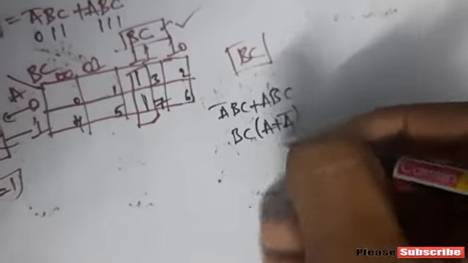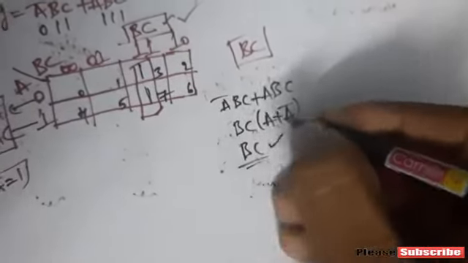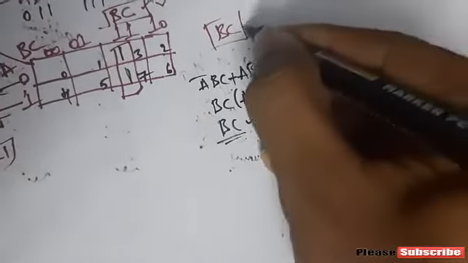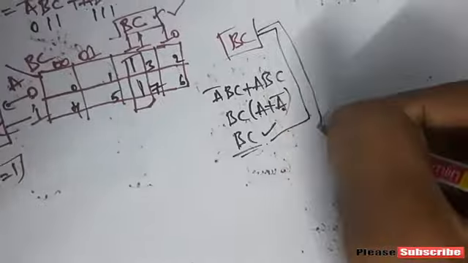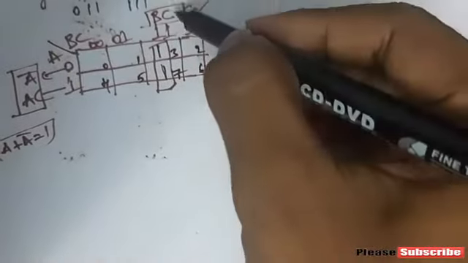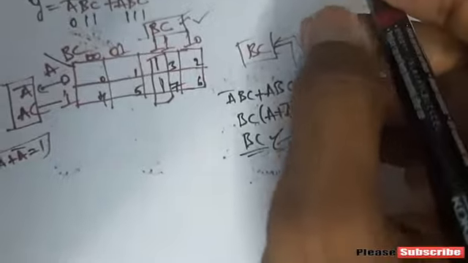If you take the BC common, A plus A bar, that means BC. A plus A bar is equal to 1, right? You will get the BC. You will get the same answer. Yes, our answer is matching. This method is from the university point of view, and this shortcut is from the gate examination point of view.